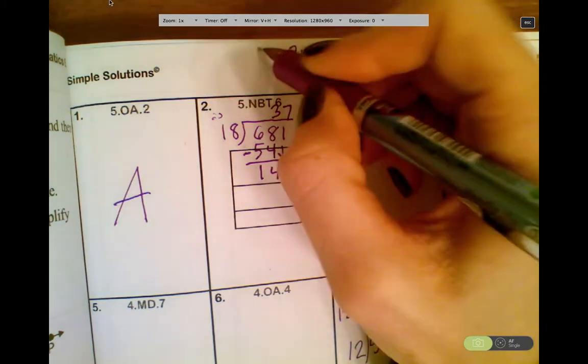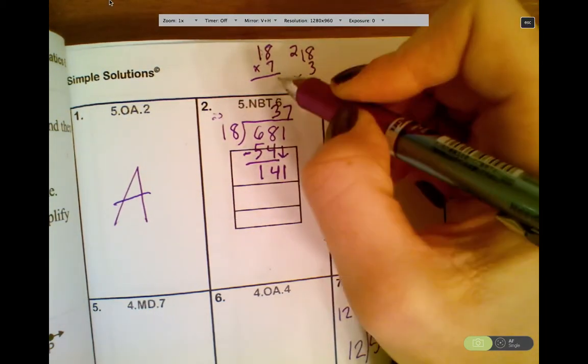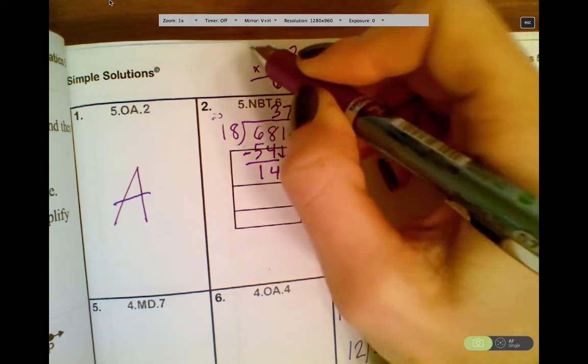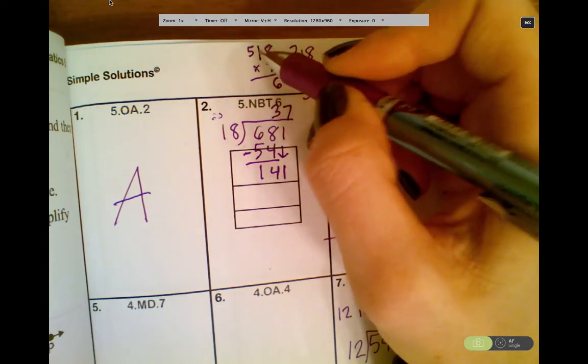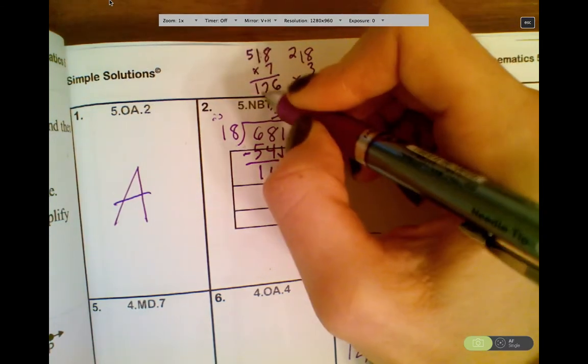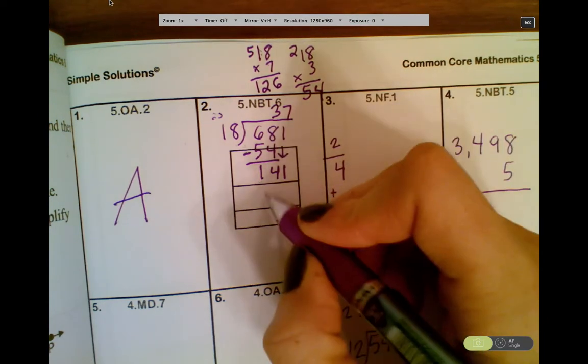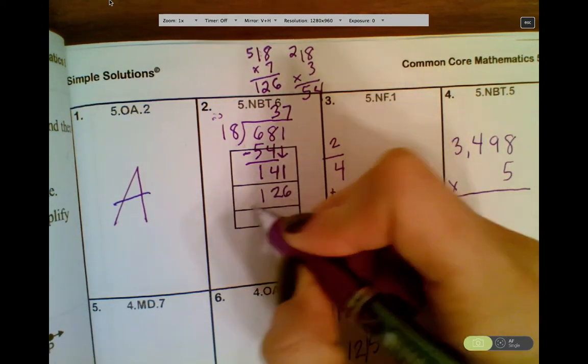Over here I need to try. What is 18 times 7? 7 times 8 is 56. 7 times 1 is 7, plus 5 is 12. So I'll try that. 7 times 18 is 126.